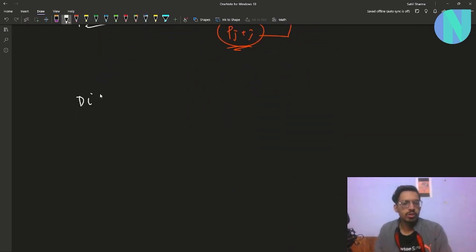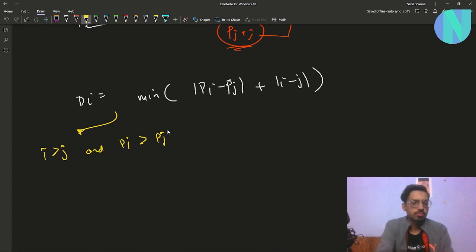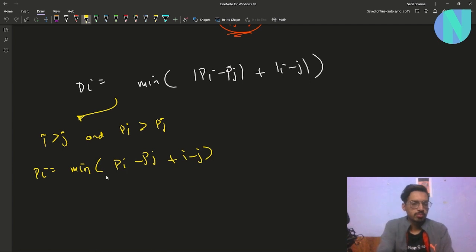So we have d of i is equal to minimum of pi minus pj plus i minus j, right? The first case is when your i is greater than j and your pi is greater than pj. In this case, your di will be minimum of pi minus pj plus i minus j.